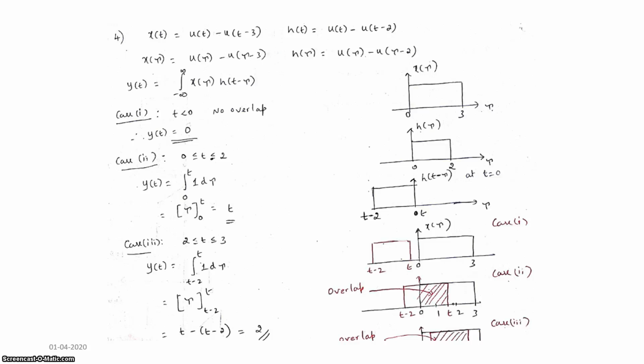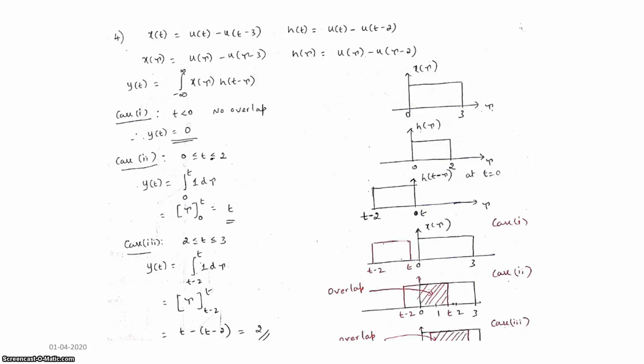Okay, now for condition 2, consider that t is in between 0 and 2. So t is less than 2, at the same time t is greater than 0.